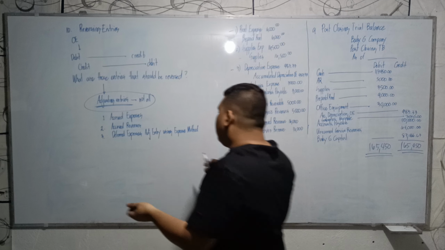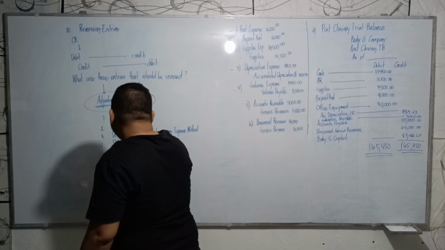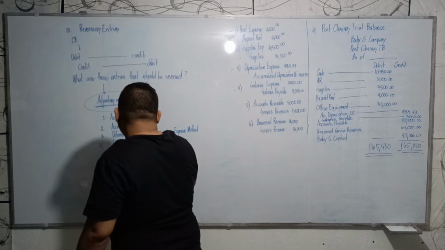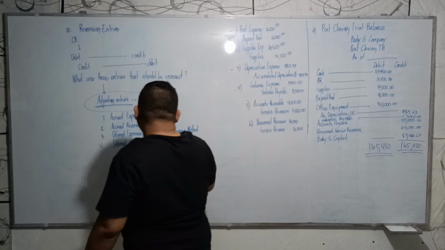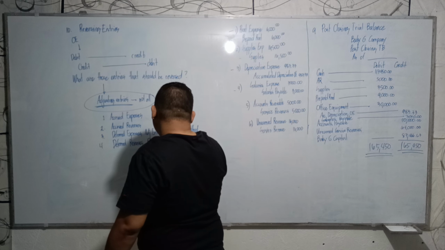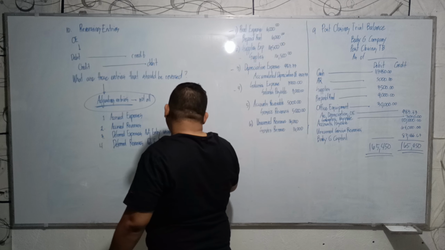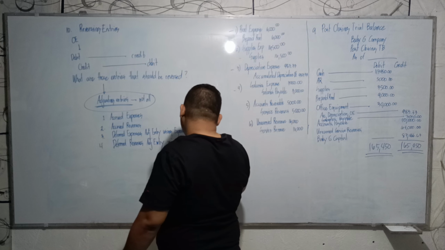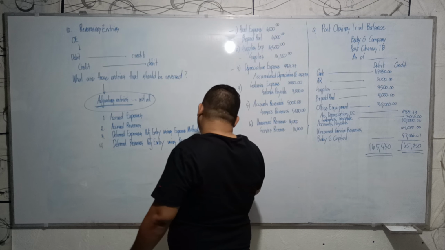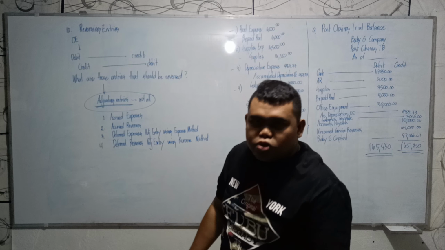Of course, number four is the deferred revenues adjusting entry using revenue method. Deferred revenues are usually advance collections from customers.